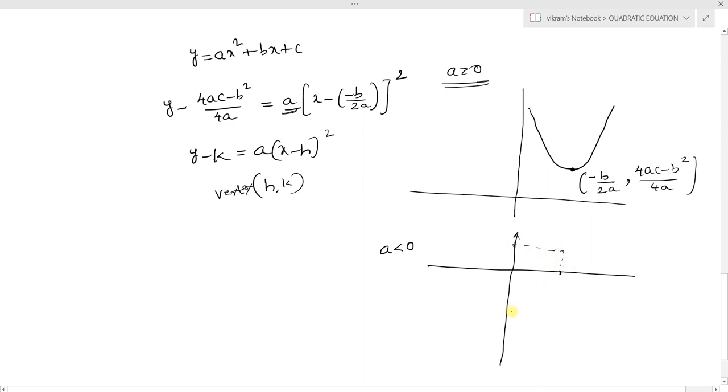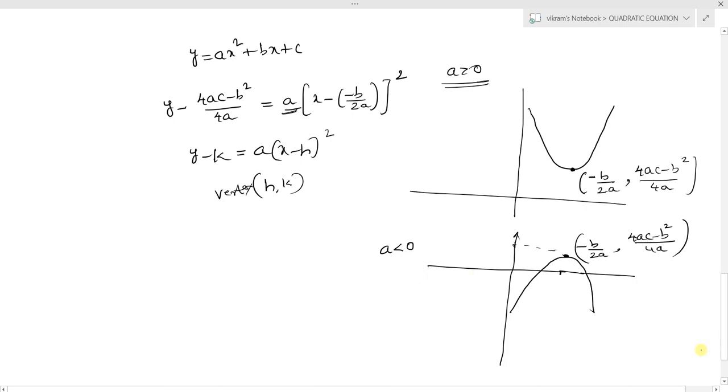Then the vertex is minus b by 2a comma (4ac minus b square) by 4a, for a less than 0.